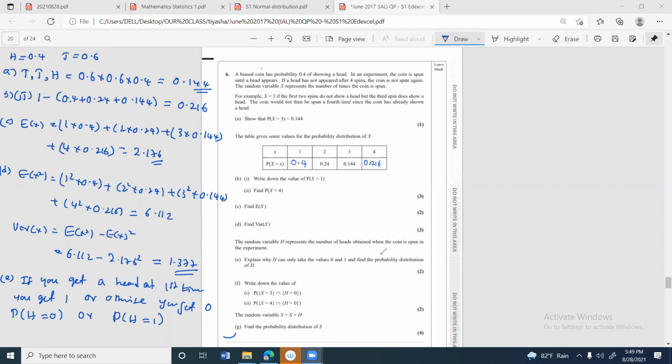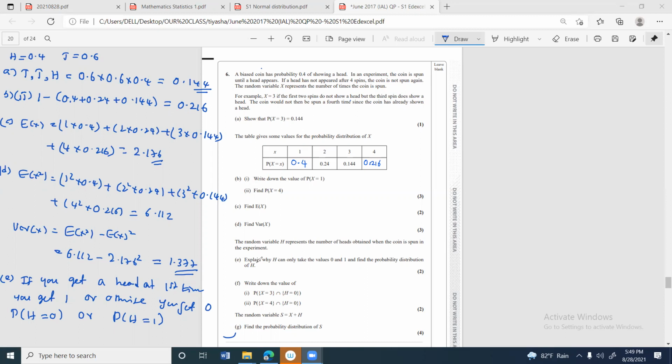That means h is the number of heads you get. When you get a head in this experiment, you stop the process. Therefore, what is the maximum number of heads you can obtain in this experiment? It can be only 1. Is that clear?